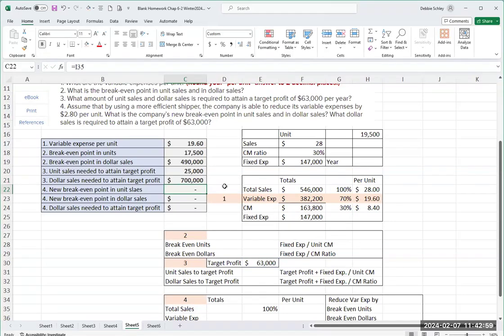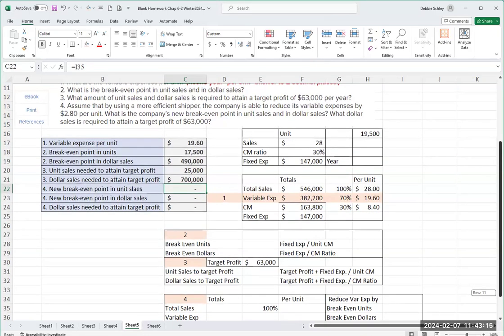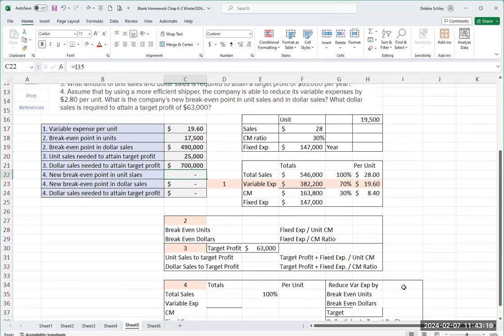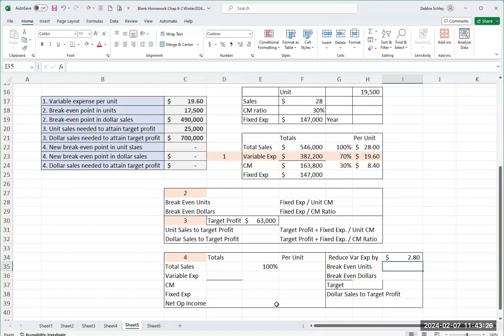Now we're going to make all kinds of assumptions again. So assume that by using a more efficient shipper, the company is able to reduce its variable expense by $2.80 per unit. Okay, so I'm going to reduce my variable expense by 2.8. So again, let's see, what do I need?